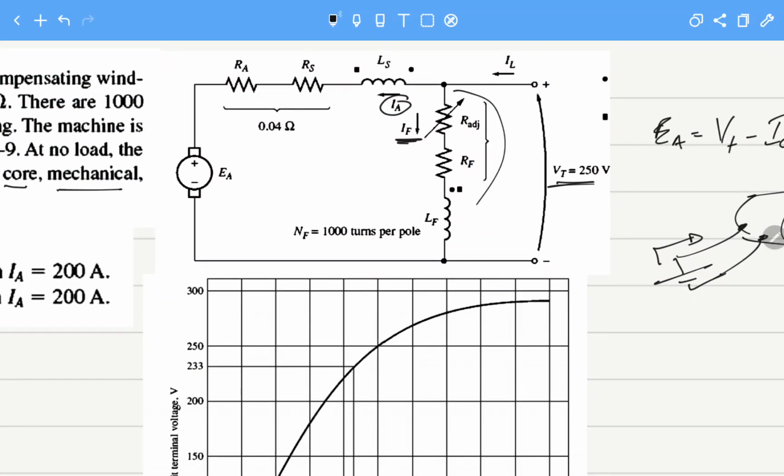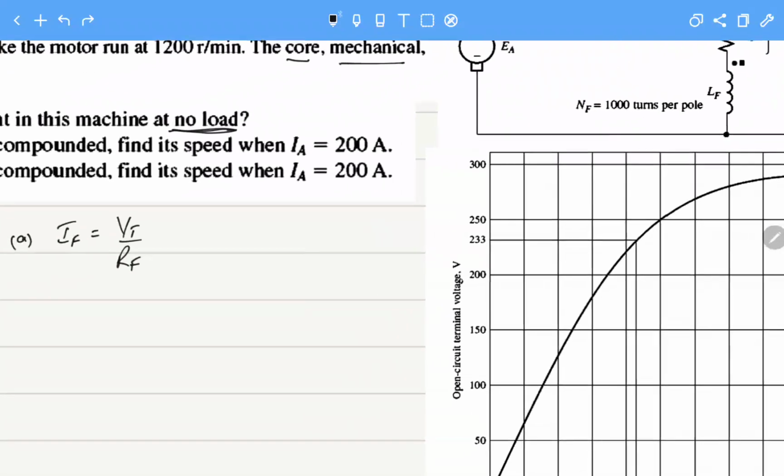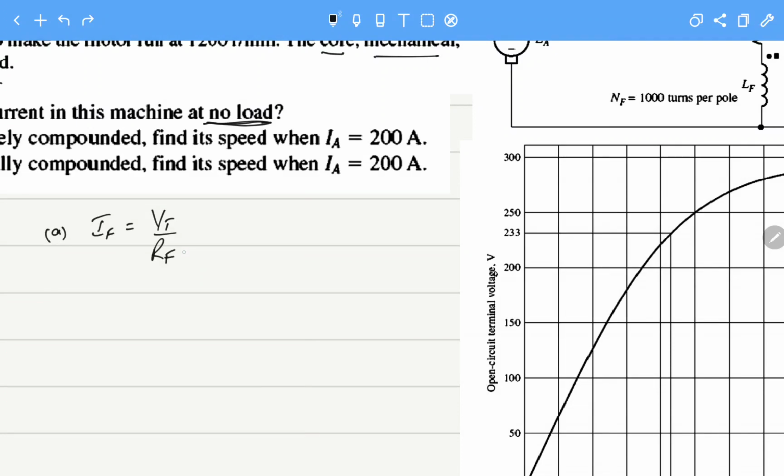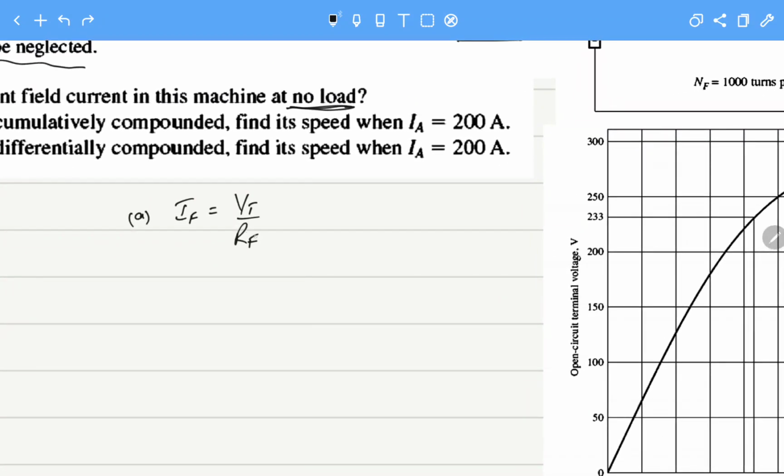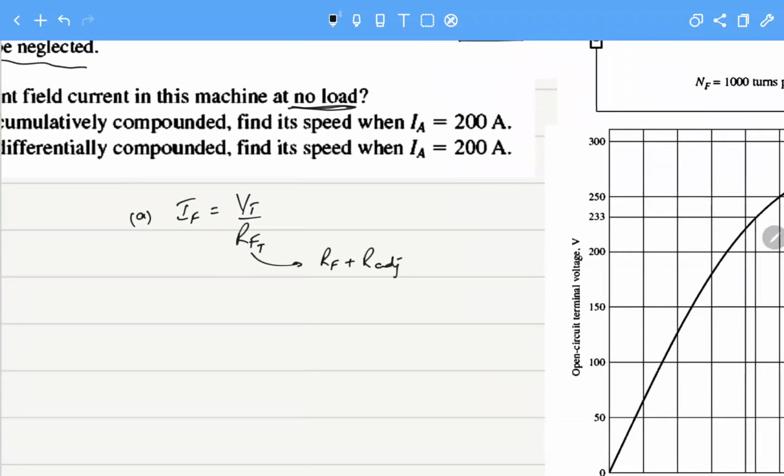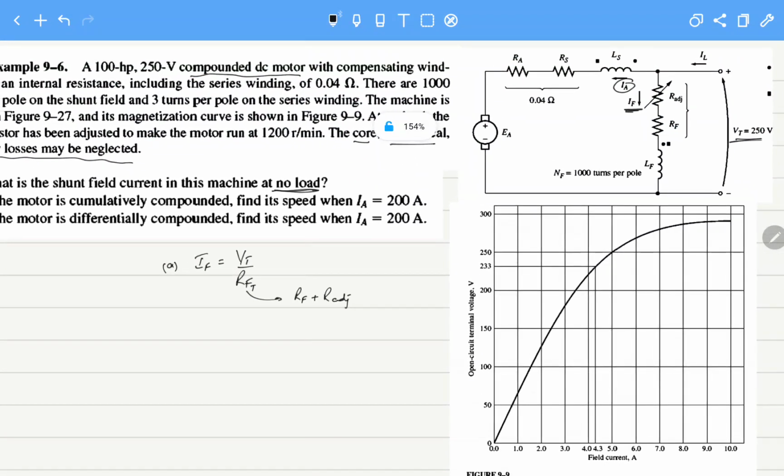Vt is the voltage across here, so this will be the total field resistance, which is equal to RF plus R adjustable. So let's see if they have given the value of this R adjustable.